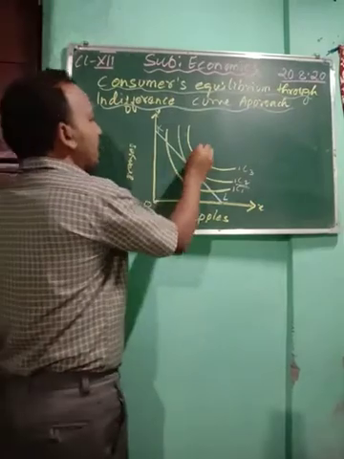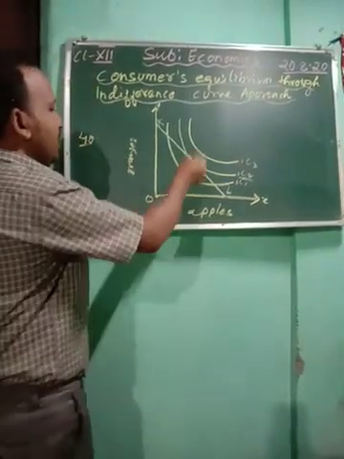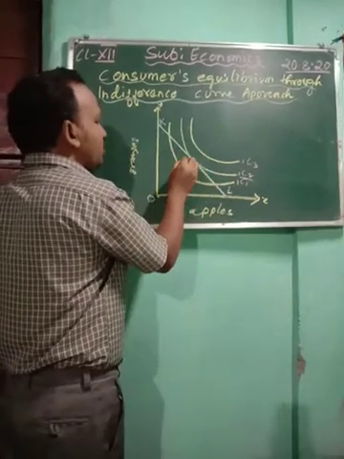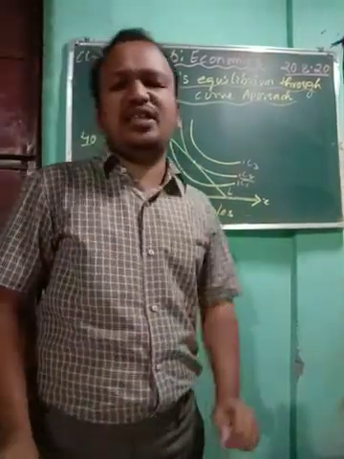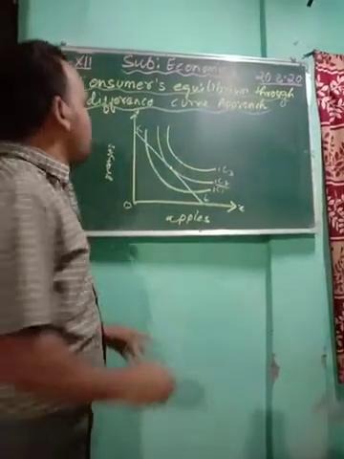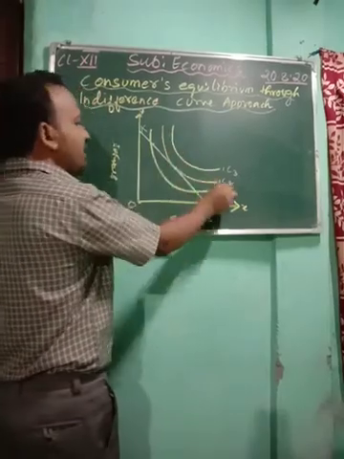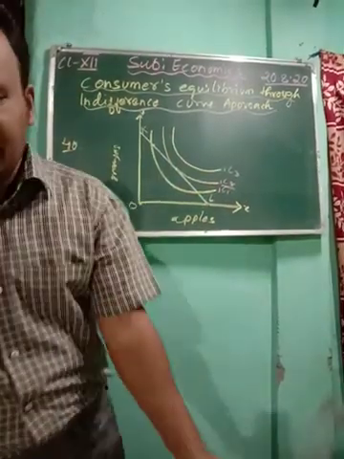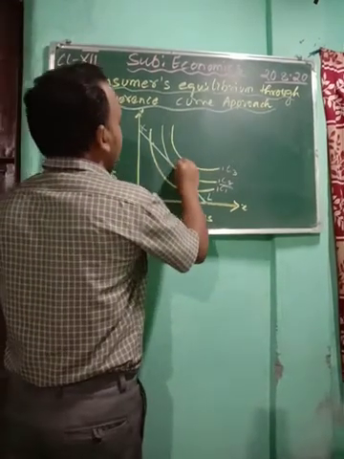That's why the consumer cannot attain equilibrium here. The next is IC1. In IC1 the consumer cannot attain equilibrium because this is lower than his budget, less than his budget. So a consumer can attain equilibrium only at the point where the budget line and indifference curve 2 meet. So this is the point of your consumer equilibrium.